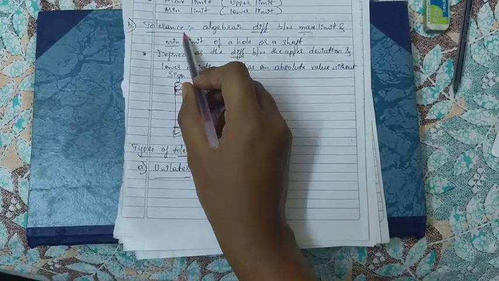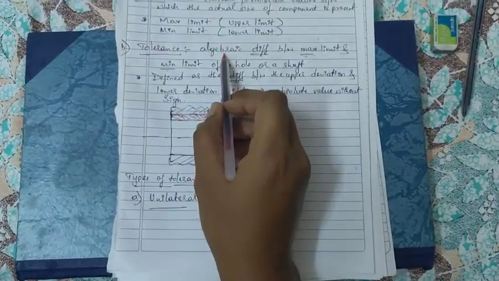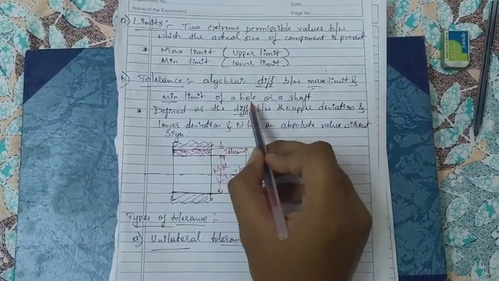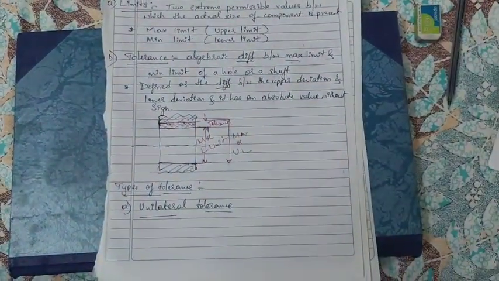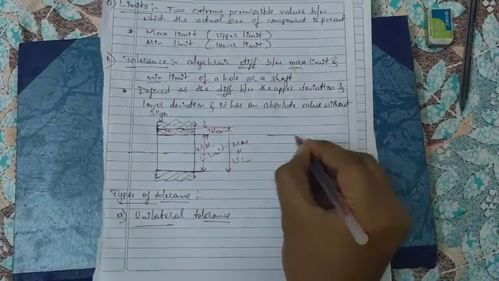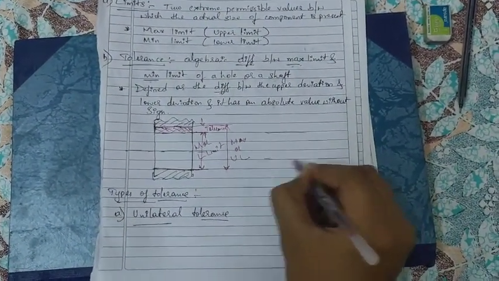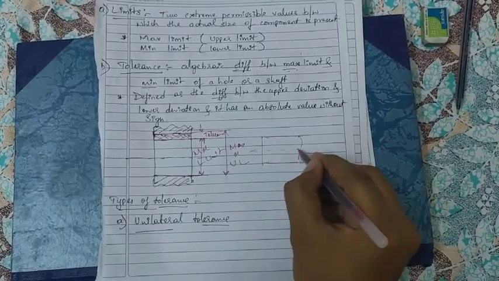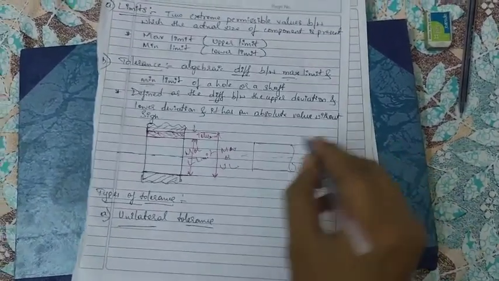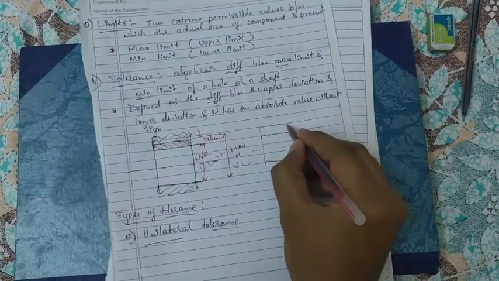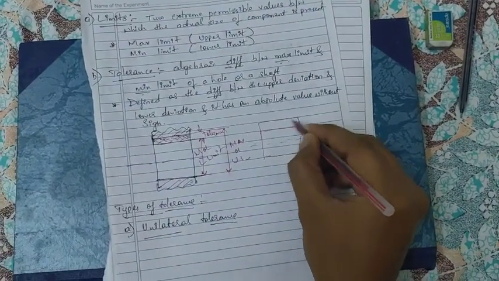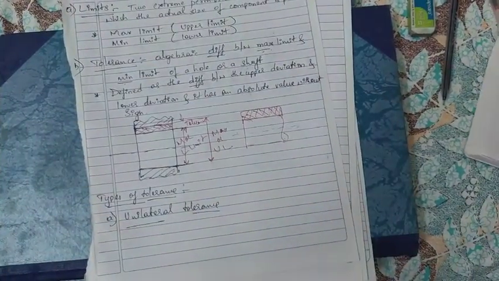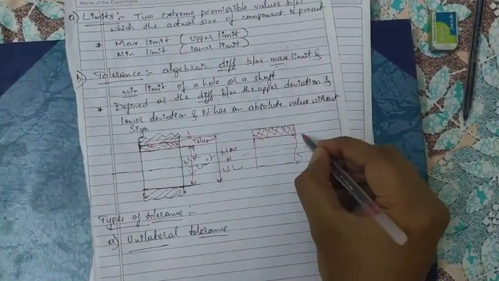Now, the tolerance is the algebraic difference between the maximum limit and the minimum limit of a hole or a shaft. Here, if you draw a shaft, this is the center of the shaft.